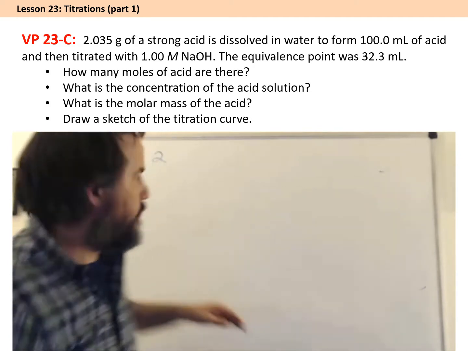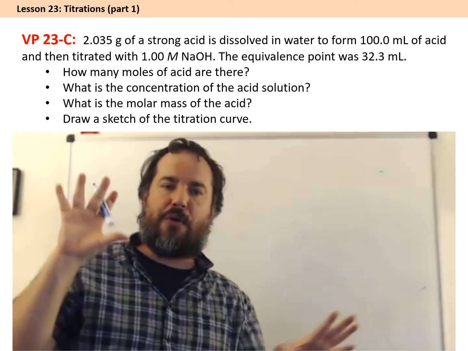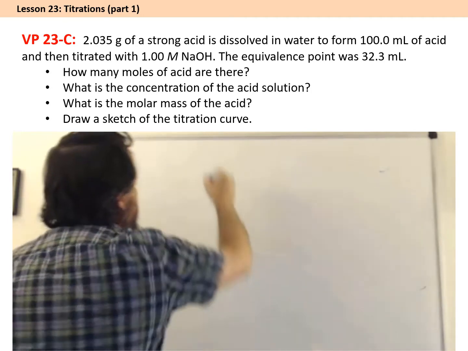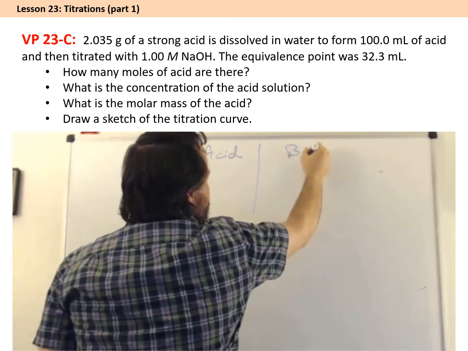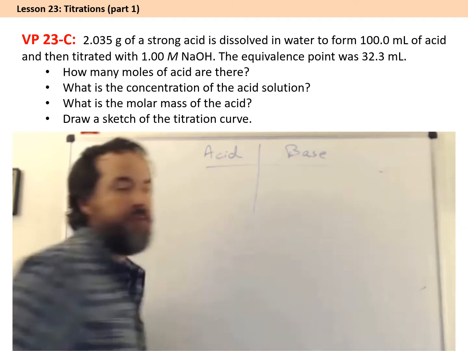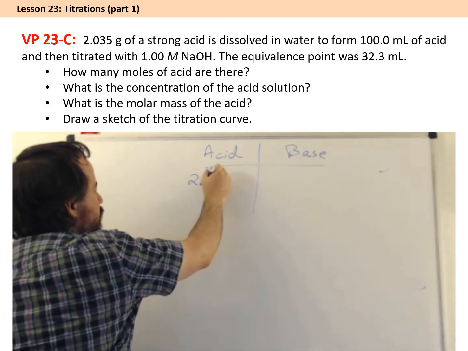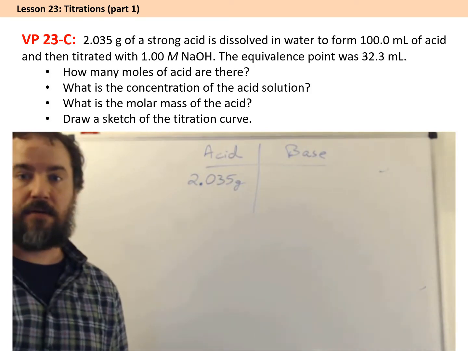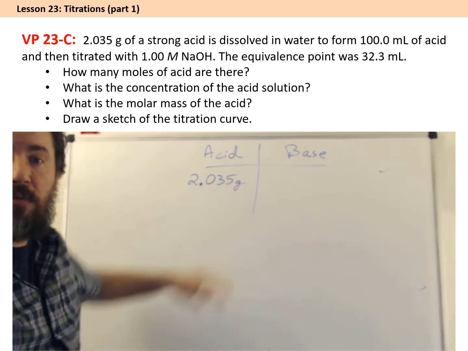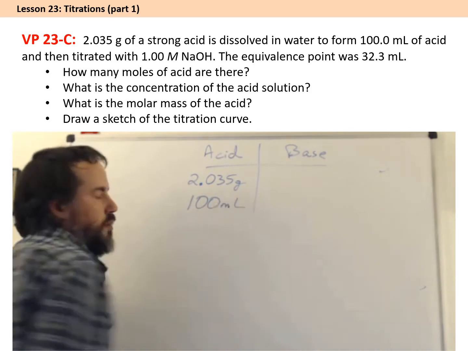All right, so the best thing to do whenever you have an acid and base coming together is just write down everything you know about the acid and everything you know about the base. Okay? So we have 2.035 grams of acid. Okay? What else do we know about the acid? We know 100 mLs.